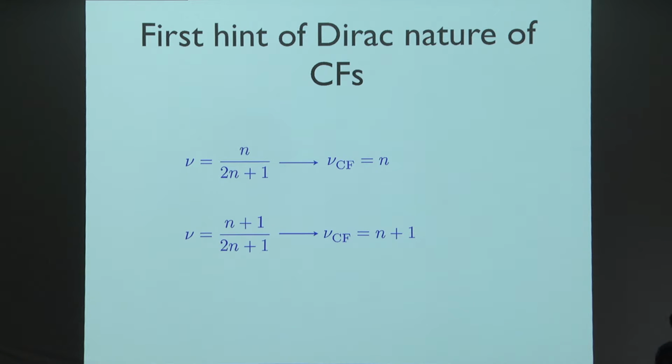The first hint of the Dirac nature of the composite fermion can be glimpsed by thinking about the action of time reversal on second quantized operators.